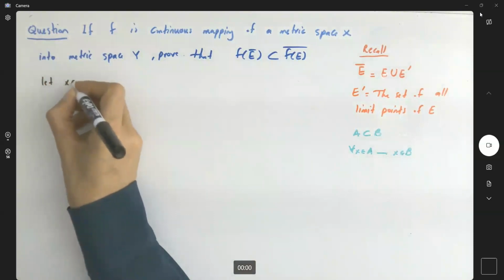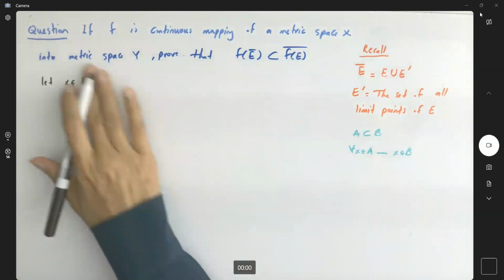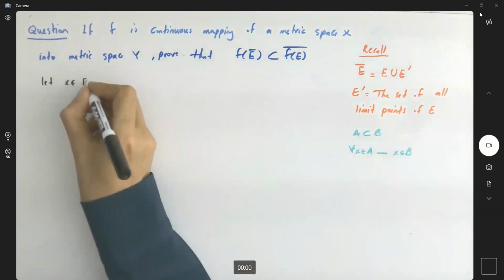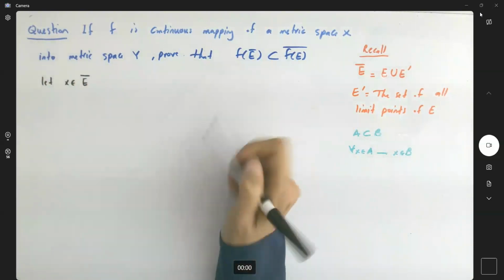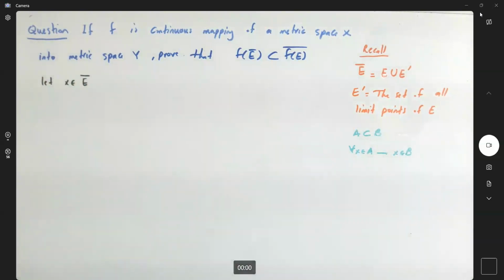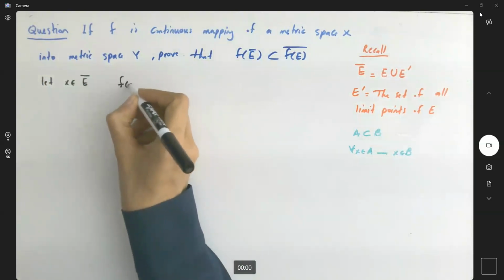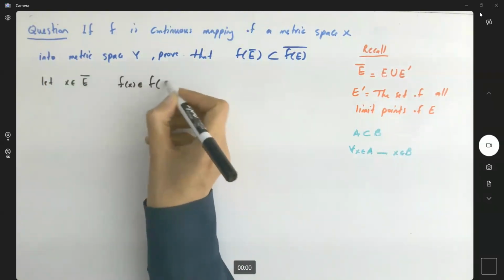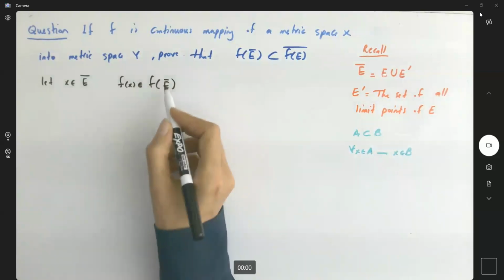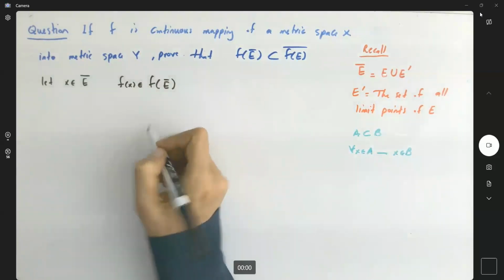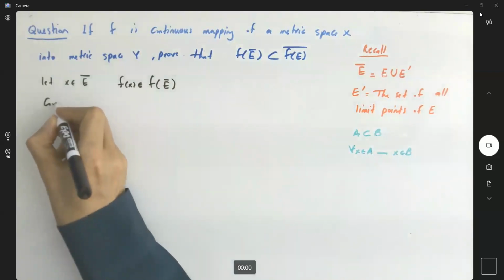Let x belong to the closure of E. Then f of x belongs to f of the closure of E. We need to show that this is our goal.